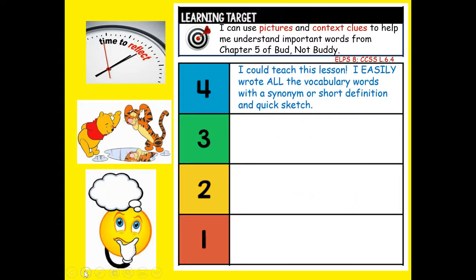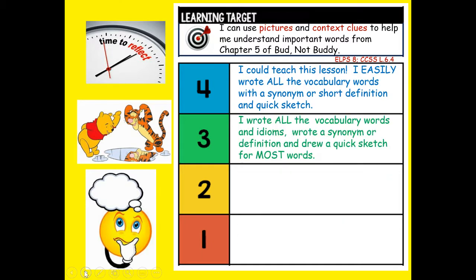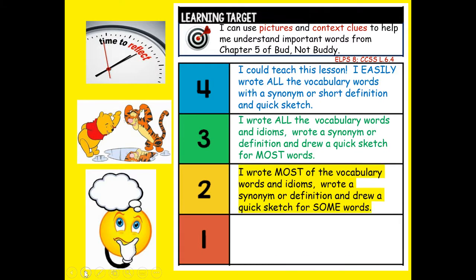So 4 would be, I could teach this lesson. I easily wrote all the vocabulary words with a synonym or short definition and quick sketch. 3, I wrote all the vocabulary words and idioms, wrote a synonym or definition, and drew a quick sketch for most of the words. 2, I wrote most of the vocabulary words and idioms, wrote a synonym and definition, and drew a quick sketch for some of the words.